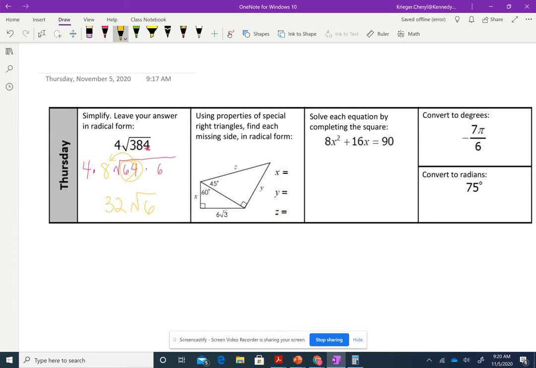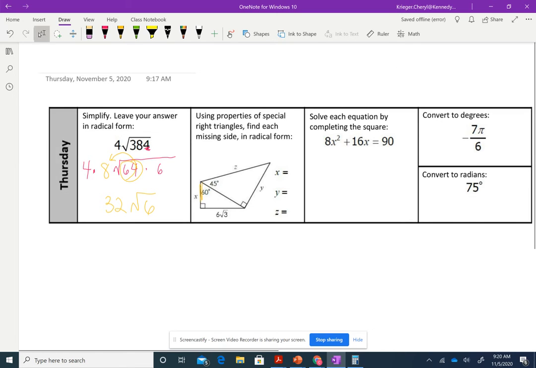then that's fine. Okay, column 2 says, using properties of special right triangles, find each missing side in radical form. I see a 30, 60, 90 is what we're going to start with.